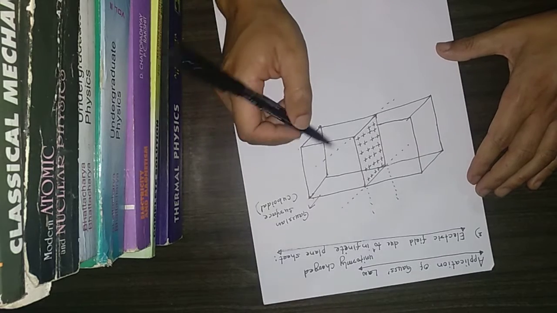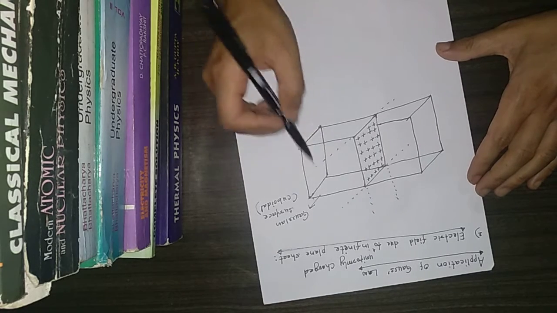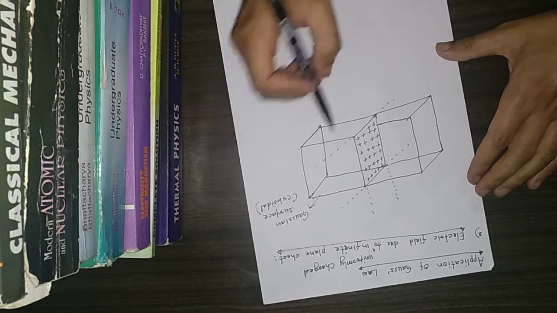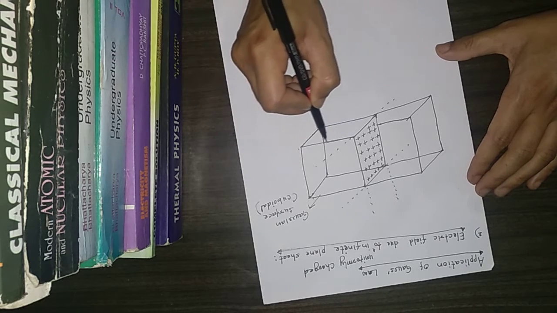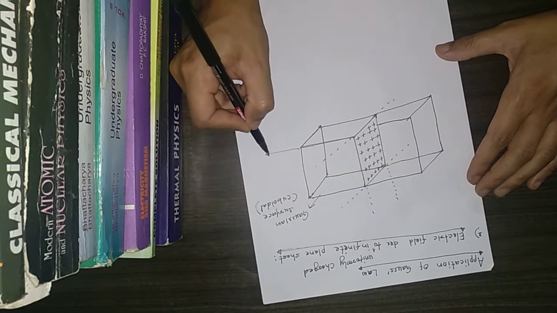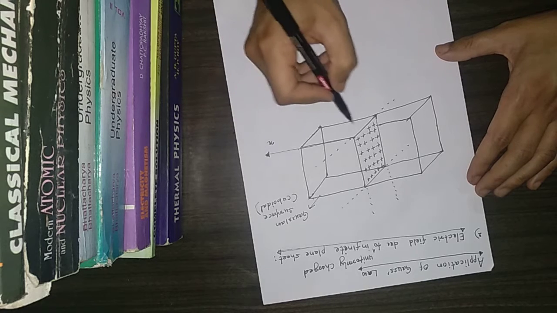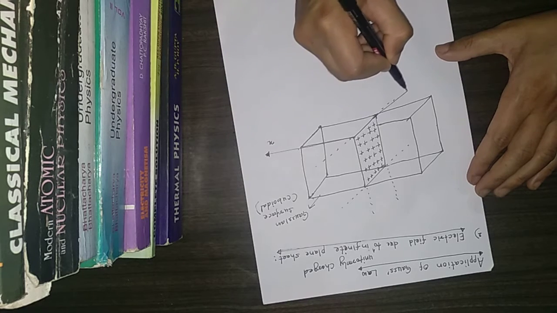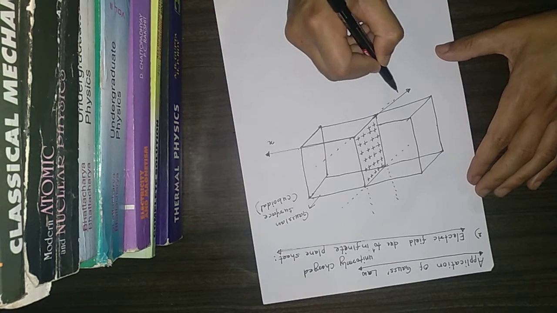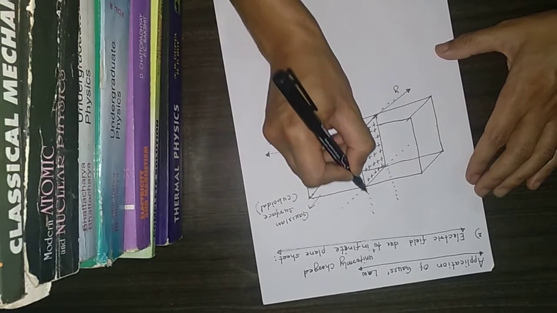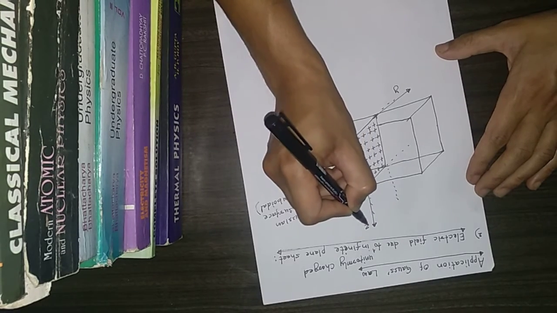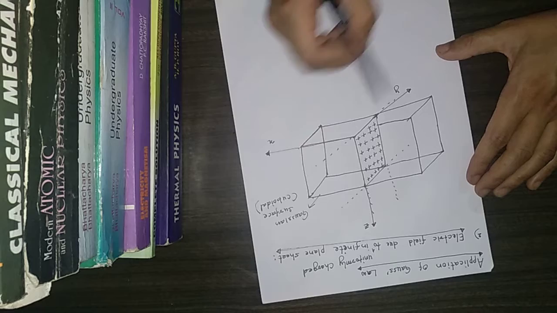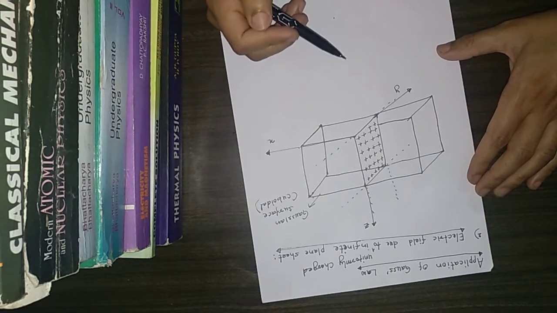Basically there are three possible directions for this cuboid. This is your x direction, let us say this one is your y direction, and this upward direction is your z direction.